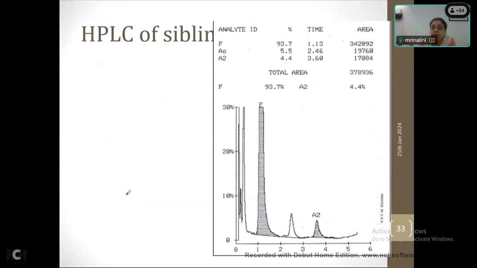Then the HPLC of the sibling: if you look at it, there is 93.7% HbF and hardly any HbA, and there is this pre-integration peak present here. And this is a peak of bilirubin, which suggests that the patient has some hemolysis or indirect bilirubinemia.